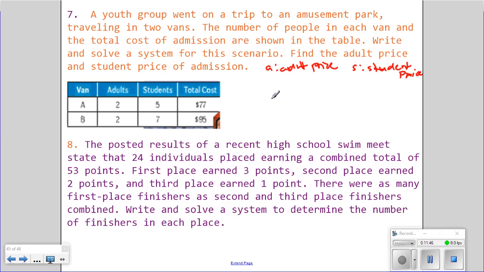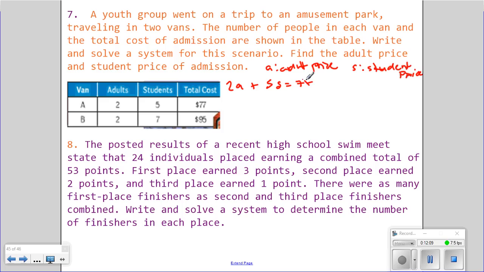Okay, what does this mean and what does that mean if they kind of have the same starting letter, if that makes sense. So for van A, it was 2 times A plus 5 times S is equal to $77.